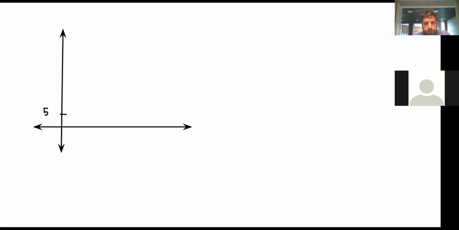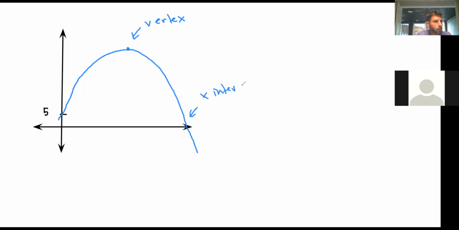This is a parabola that's upside down. And you guys would recall, with maybe some help from your algebra days, that its graph is going to look something like this. We call this the vertex. Call this the x-intercept. So this parabola helps us describe how our object goes up and then falls back down.